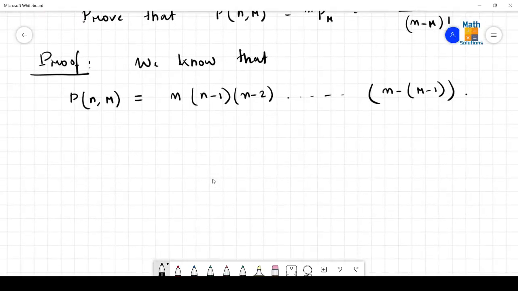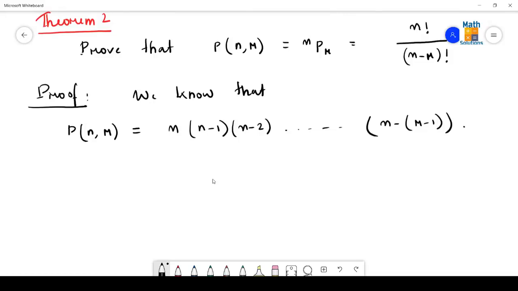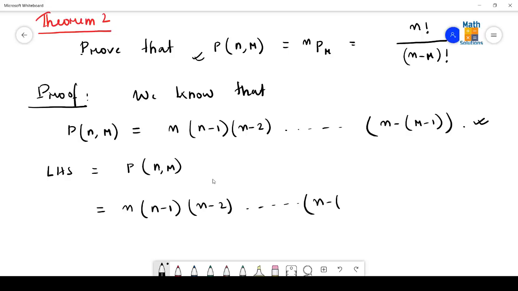If we notice the left hand side, we can perform the role of the left hand side in this statement. So in the LHS I am writing PNR, that can further be written as n into n minus 1 into n minus 2 continuation up to n minus r minus 1.